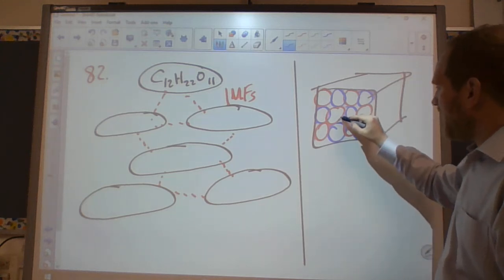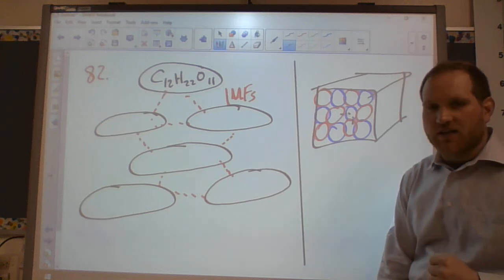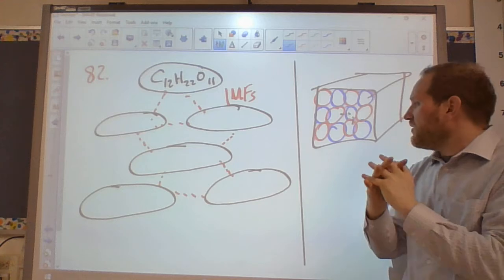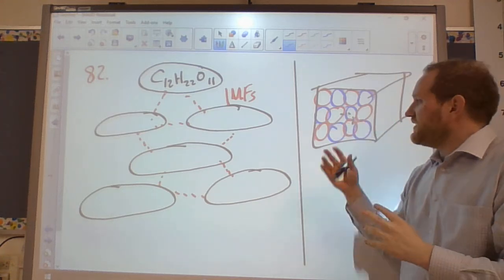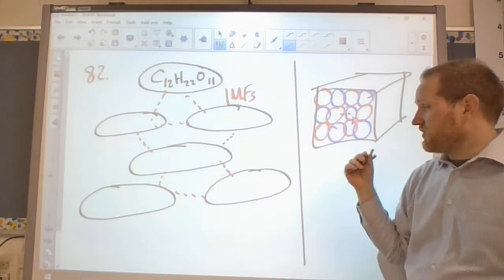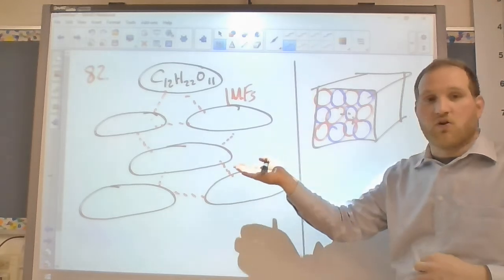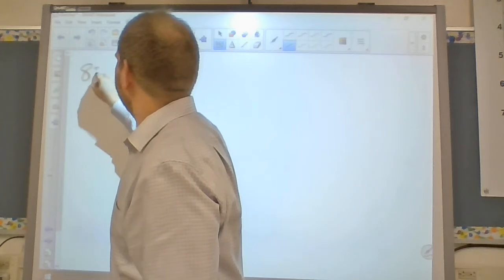And these are not IMFs connecting these. These are pure, strong ionic bonds. So because this is held by a network of ionic bonds, where every single one is held on all sides by one of the opposite charge, this gives it incredible strength. This is why an ionic compound like NaCl is going to melt at a much, much higher temperature than a covalent molecule like sugar. Last question.